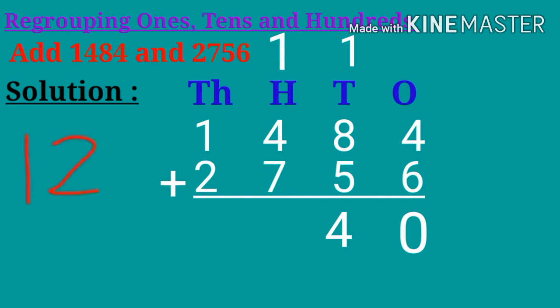Regroup 12 hundreds is equal to 1 thousand plus 2 hundreds. Okay, add the thousands digits. 1 thousand, that is regrouped, plus 1 thousand plus 2 thousands, that is equal to 4 thousands. Hence 1484 plus 2756 is equal to 4240.